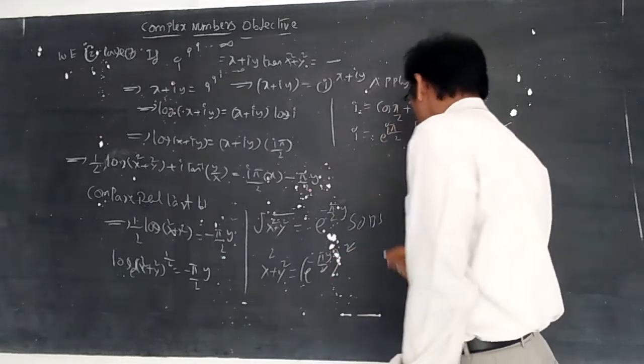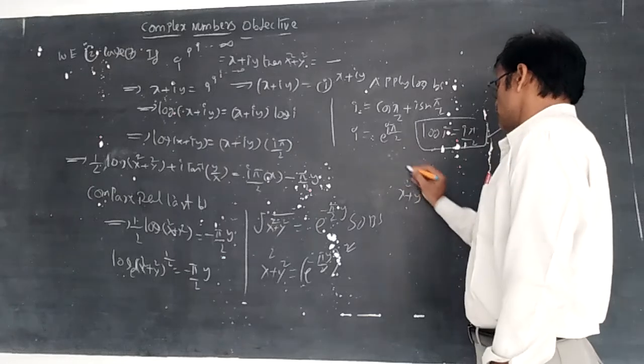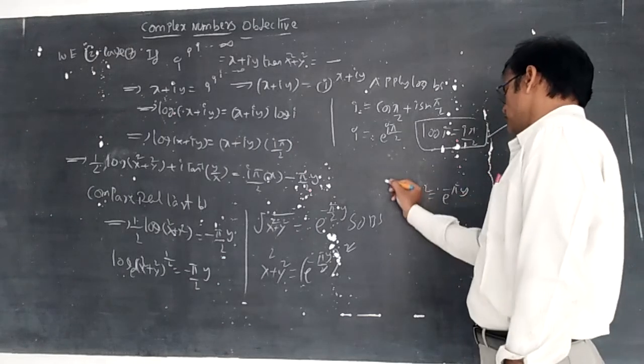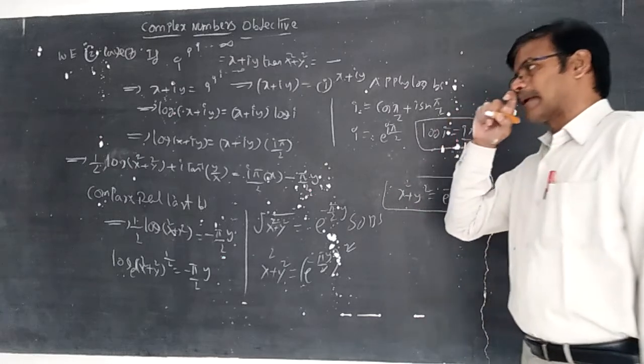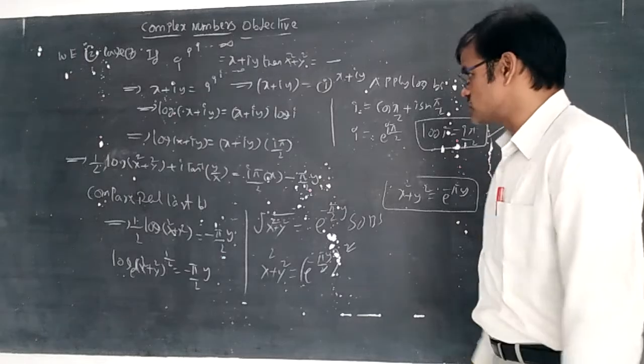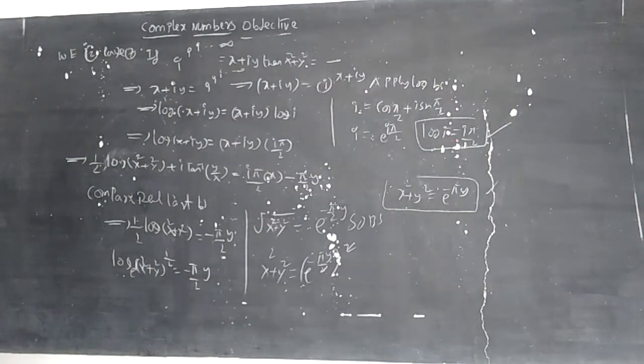This 2 and 2 will get cancelled. Therefore, x square plus y square is equal to e power minus pi y. Anywhere in any objective book you can find this question, even in the Erudite app also.